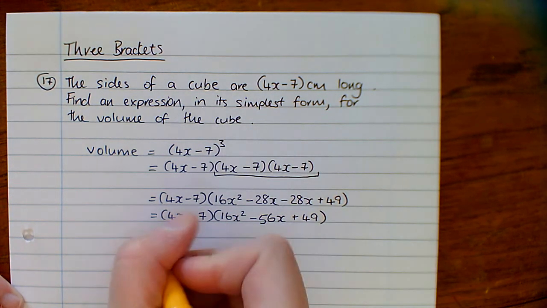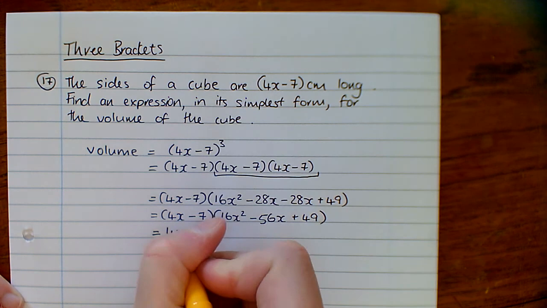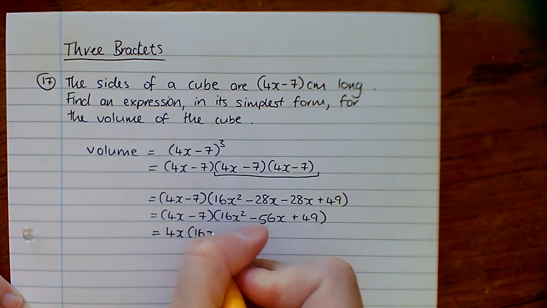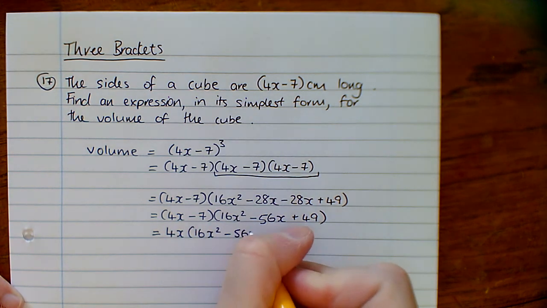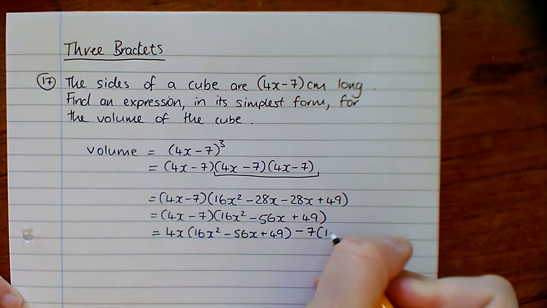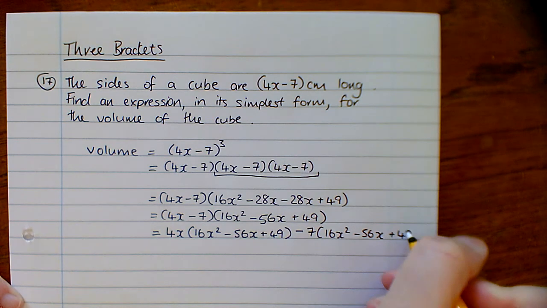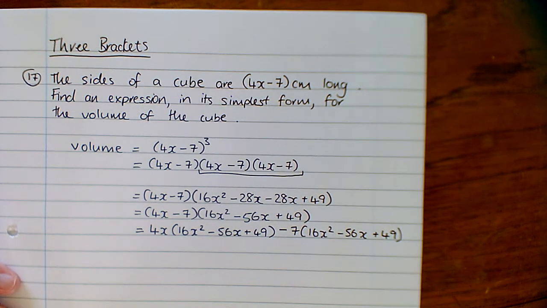plus 49. So now remember, whenever we're bringing in this third bracket, we say it's 4x times our quadratic, minus 7 times our quadratic.